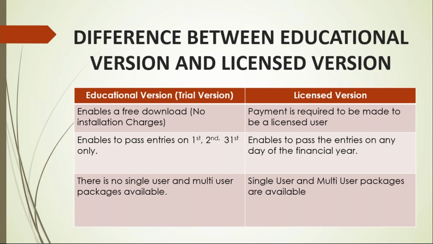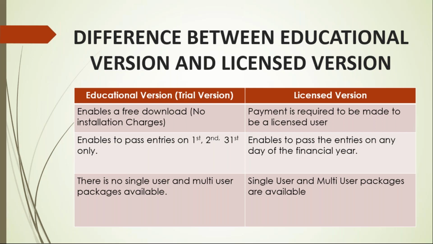The second difference between the trial and the licensed version is, if I'm accessing a trial version and I have to pass entries, I can pass the entries only on a couple of days, that is on 1st, 2nd, and 31st of any month in a financial year.